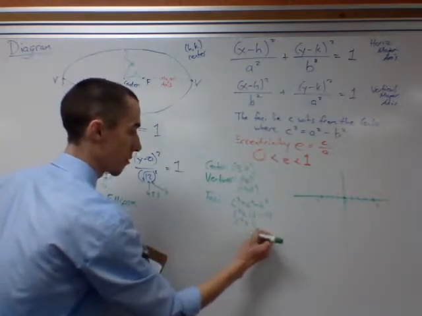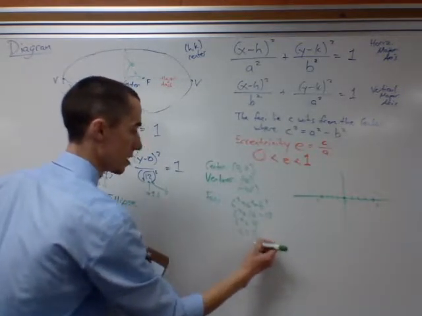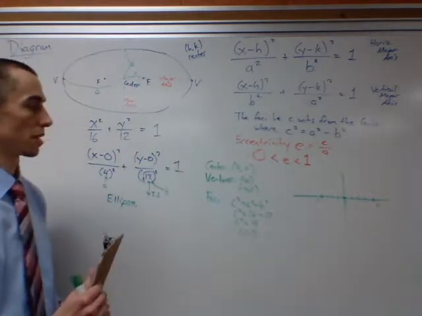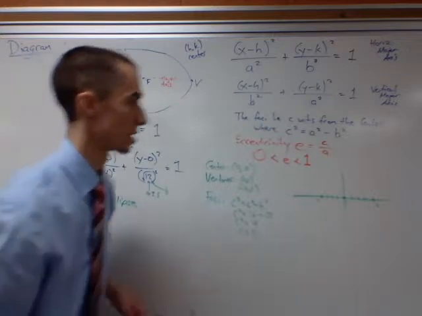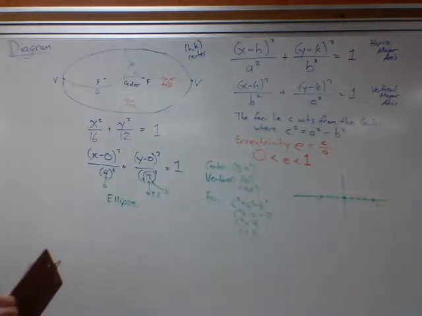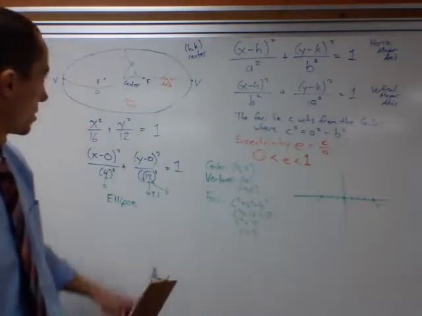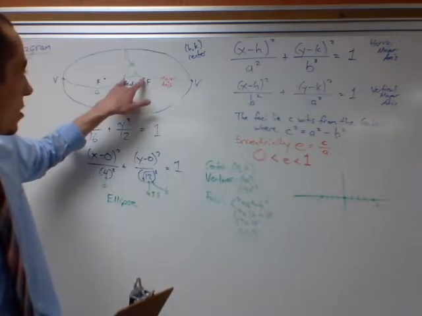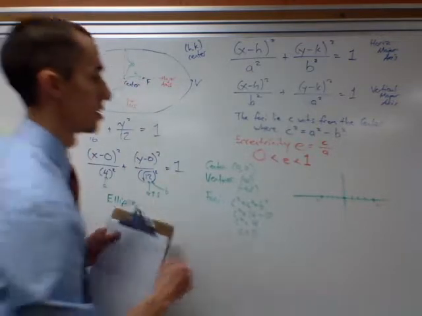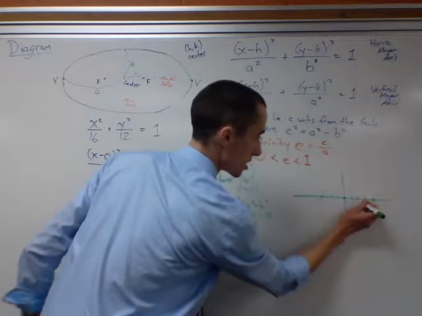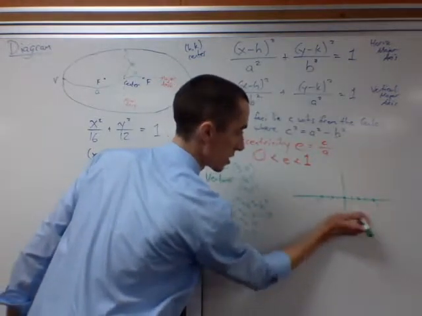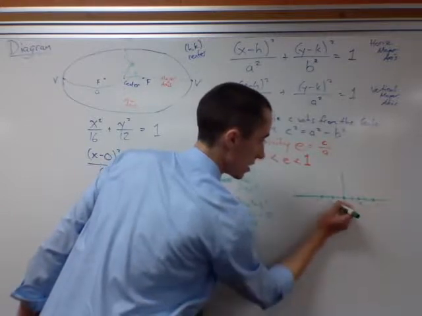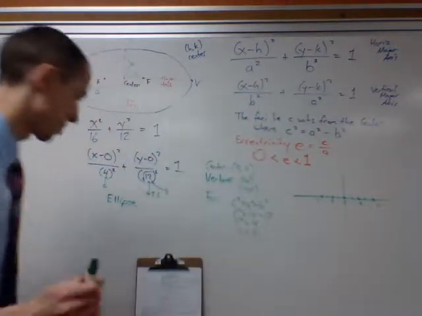C squared then is 4, and c is plus or minus 2, but we'll use the positive version and then go left or right. So the foci are c units away from the center. So we'll go 2 units from the center this way and 2 units from the center that way. And there we'll find our foci.